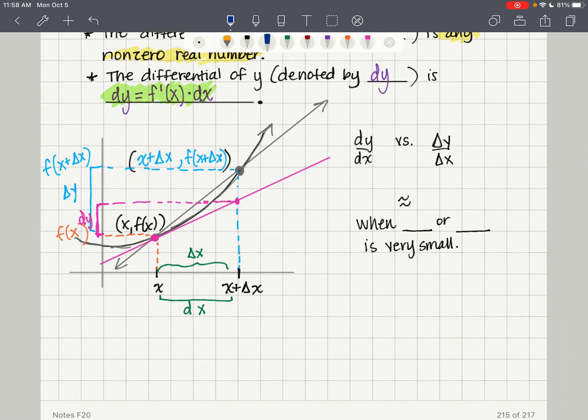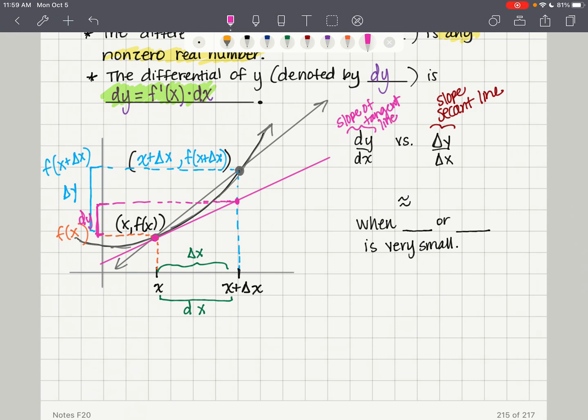So let's talk about the difference here between dy dx versus delta y delta x. Delta y delta x is actually on the secant line. So this is the slope of the secant line. Dy dx is the slope of the tangent line.